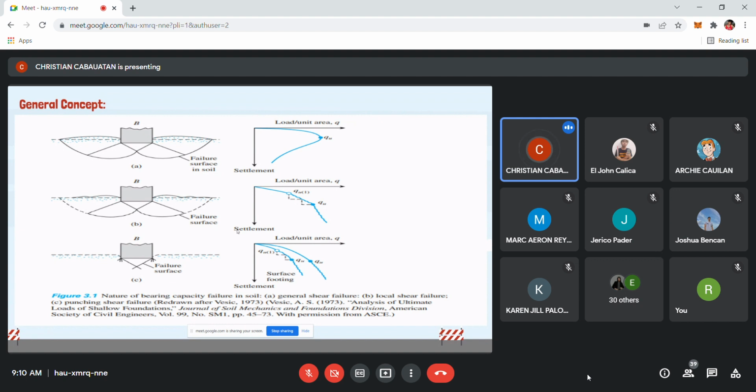It seems Engineer Bueno is not here. Let's go to Engineer Padua. Engineer Padua, what is your observation about the figure 3.1A up here?